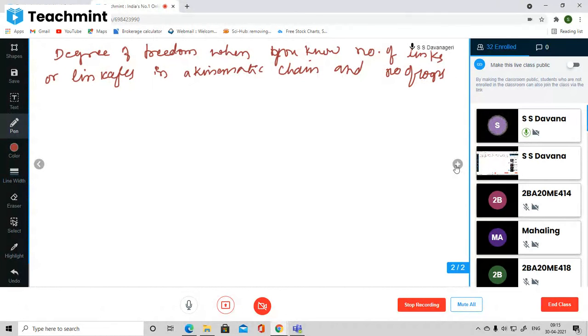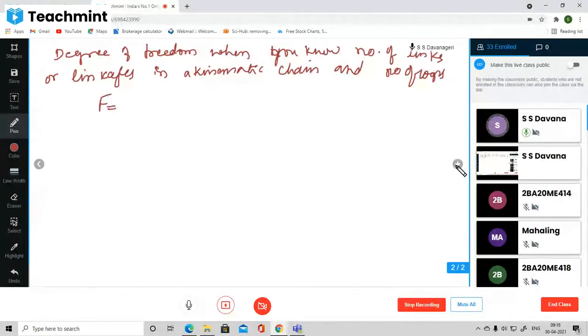Right. Now this relation is only valid for linkages which have turning pairs. Okay. Which have turning pairs. If it is a sliding pair, then this is not feasible.